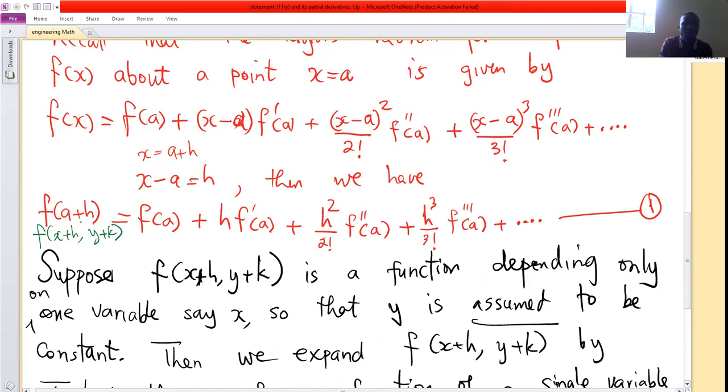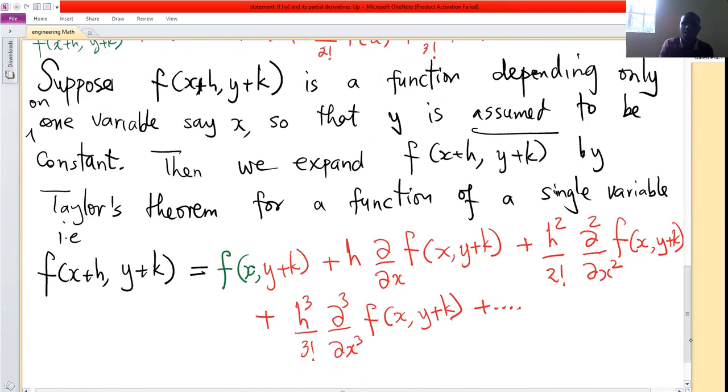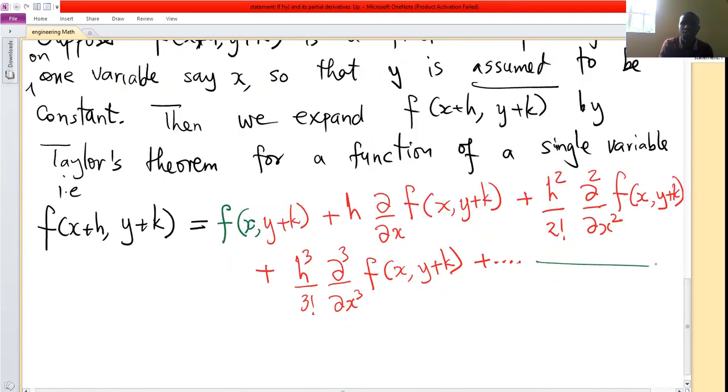This is the only part we are dealing with. We're just using the same structure, and relating a plus h to x plus h, the role of a in this equation will be taken by x, and this one remains fixed. So that's why we have this equation here. Let's call this one 2.